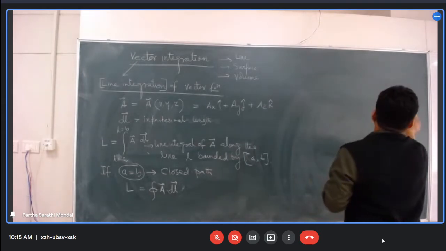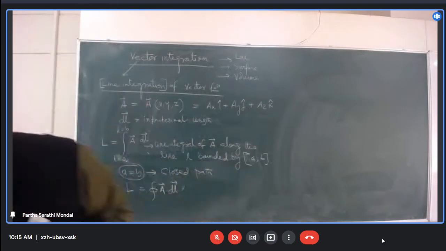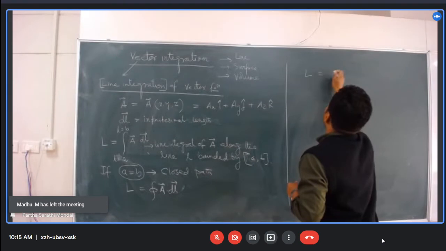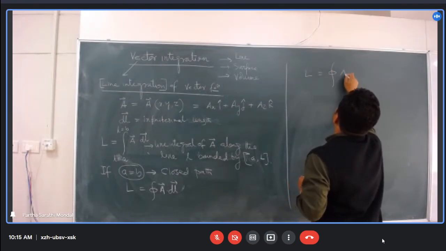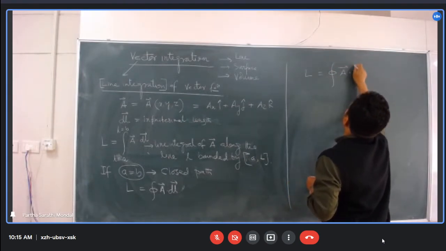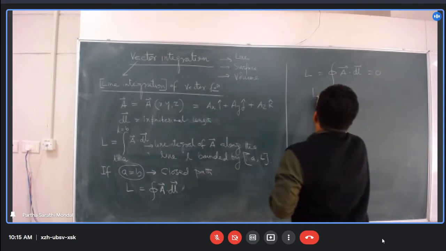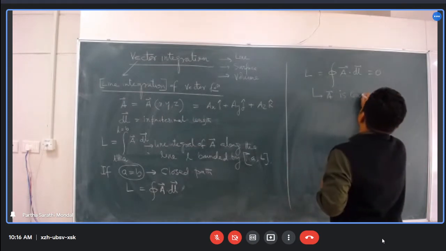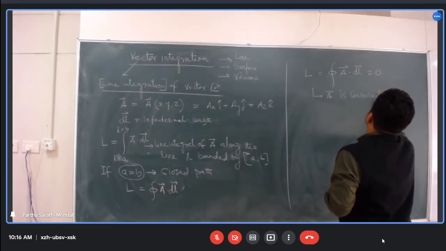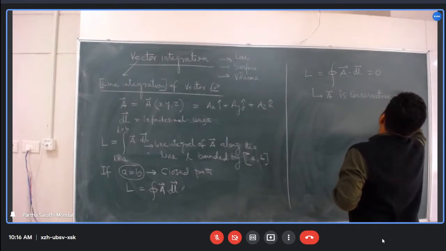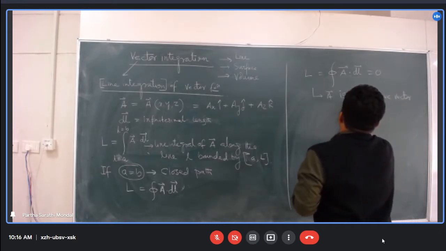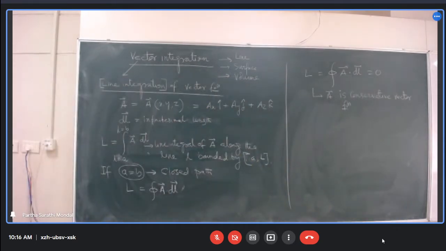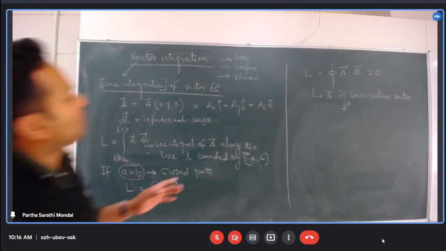There is a definition: if the line integral over a closed path of a vector A dot dl is 0, then we say that A is a conservative vector function. ये हम लोग जानते हैं, ये फिजिक्स में चला गया, but it is worth mentioning it.